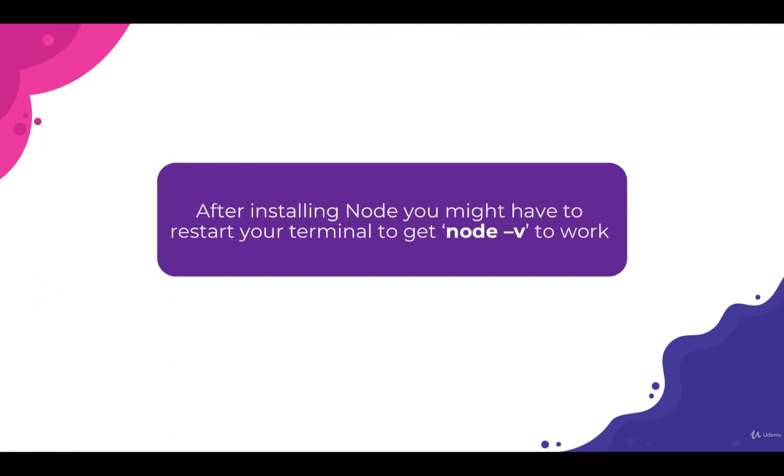So make sure you close it down and quit every terminal or command line window that you have already opened, and then start back up and try running node -v again. Assuming that everything got set up properly, we can move on, because that's where we're going to download this Create React App tool, and then we can use it to generate a new project. So we'll take a mini break now, and I'll see you in just a minute.